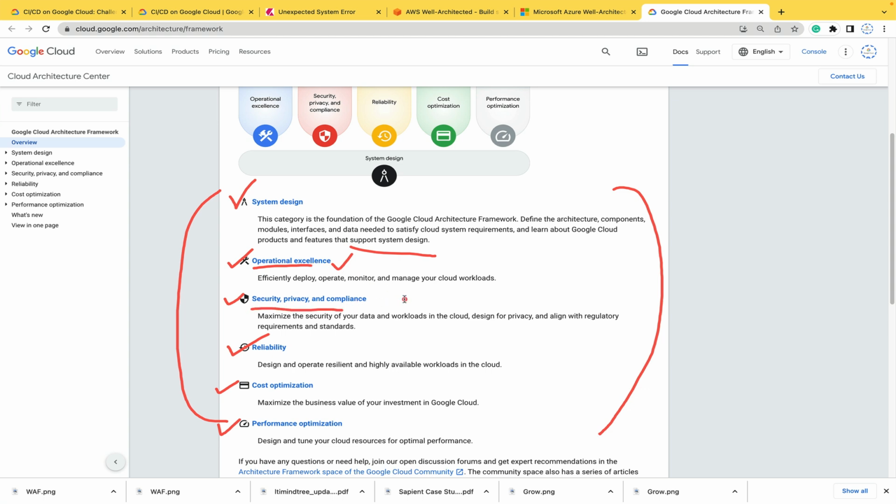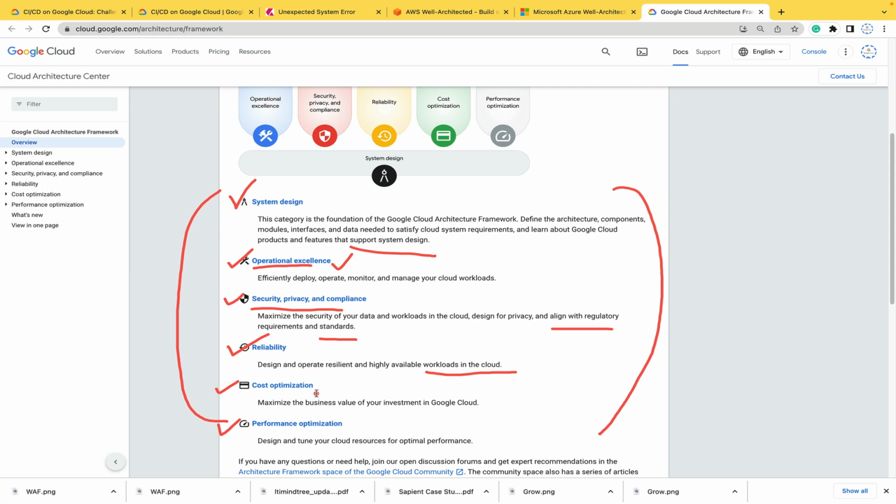Security, privacy and compliance: maximize the security of your data and workload in the cloud, design for privacy and align with the regulatory requirements and standards. Reliability: design and operate resilient and highly available workloads in the cloud.